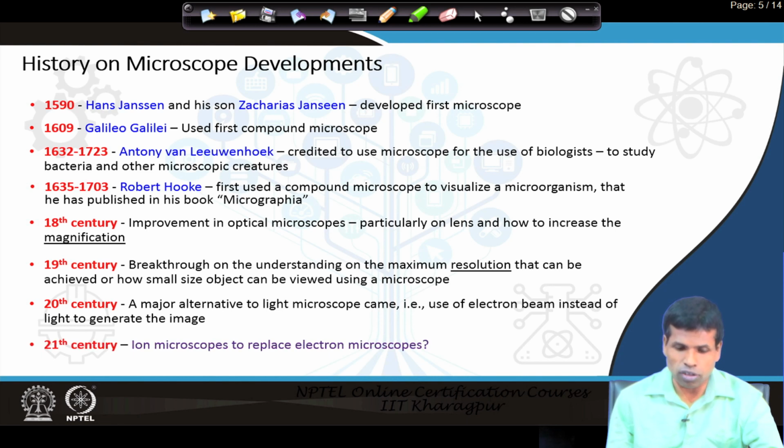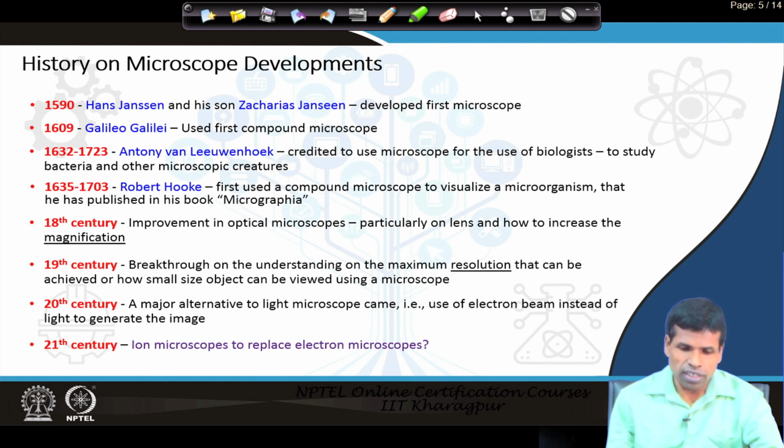Now, coming to the 21st century, this present century, we have ion microscopes that were commercialized in 2007, approximately within the last 10 to 15 years, and at present there are about 100 such ion microscopes. Whether ion microscopes could replace the electron microscope remains a question, because the ion microscope could certainly provide much superior resolution compared to the electron microscope.